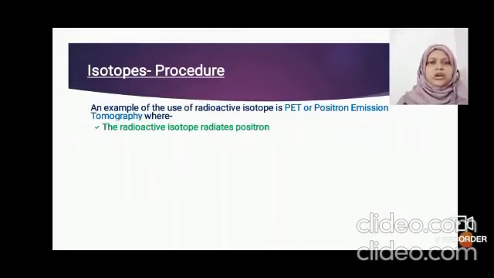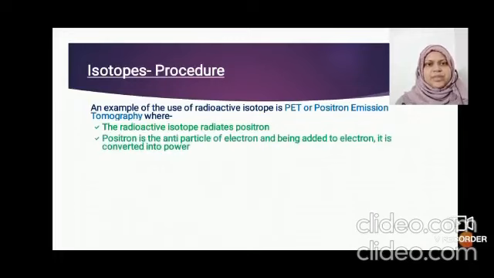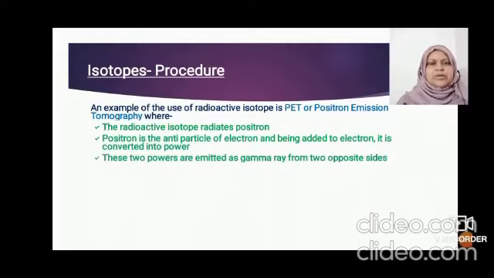Now, procedure of isotopes. An example of the use of radioactive isotope is PET or positron emission tomography, where the radioactive isotope radiates positron. Positron is the antiparticle of electron, and being added to electron, it is converted into power. These two powers are emitted as gamma ray from two opposite sides.